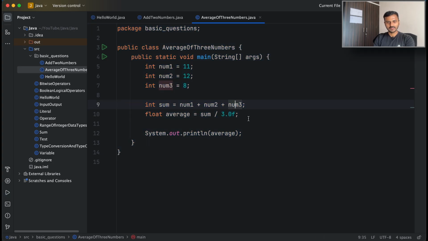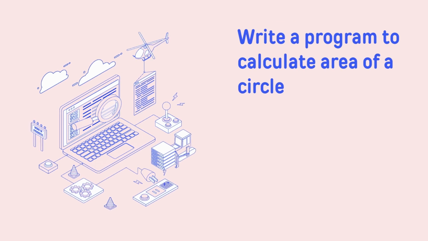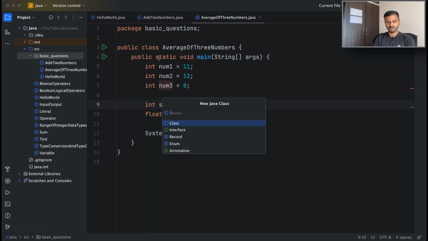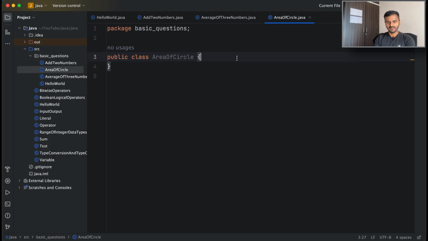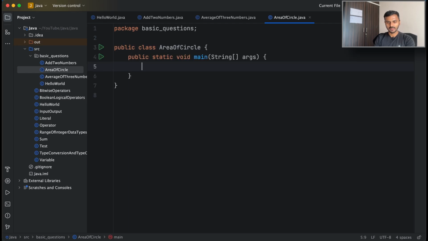And the next question is to calculate the area of a circle, for which we will create a new Java class. We will say AreaOfCircle and we will have the main method over here and we will start writing code. But first, a little bit of maths recap. What is the area of a circle? Area of a circle is pi r square, right?